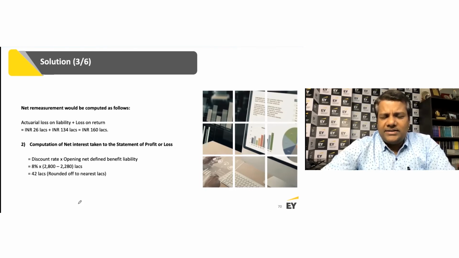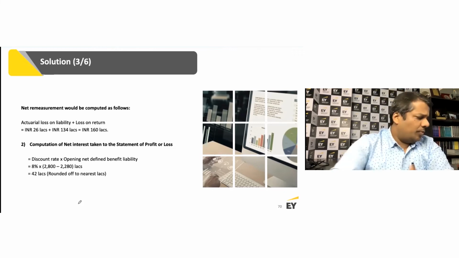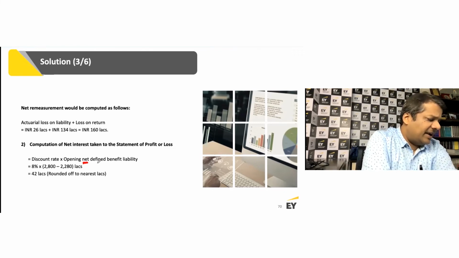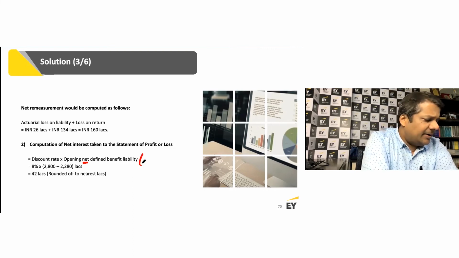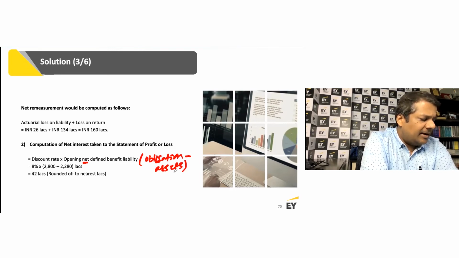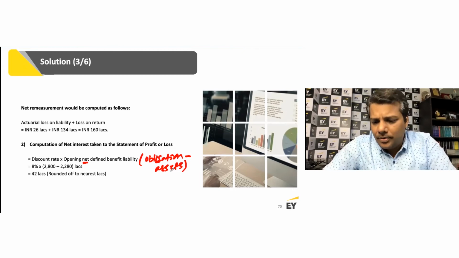That is what you're getting as the net interest, on the opening net defined benefit liability. And how the net defined benefit liability is computed, as I said, is nothing but your obligation minus assets at the beginning of the year, okay?